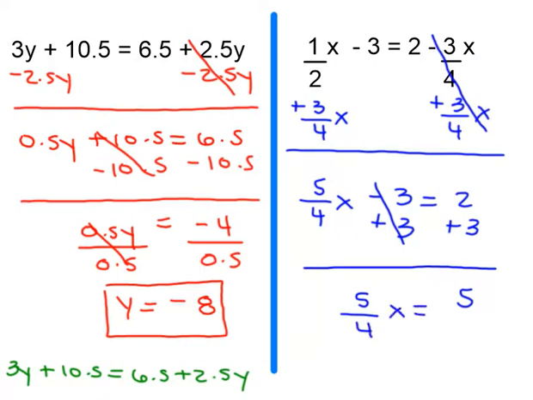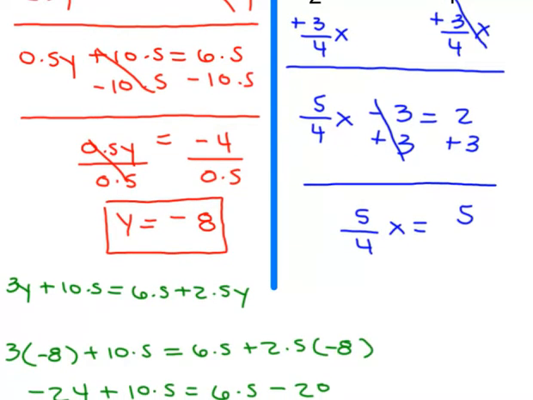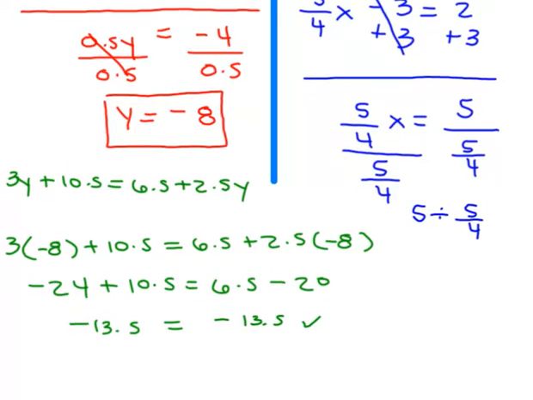5/4x equals 5. Now, we have to get rid of this 5/4x, so we are dividing by 5/4. So 5 divided by 5/4, which is going to be keep, change, flip.